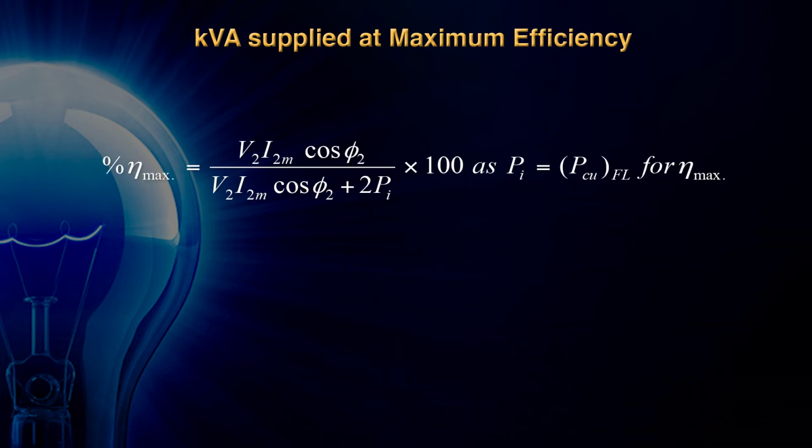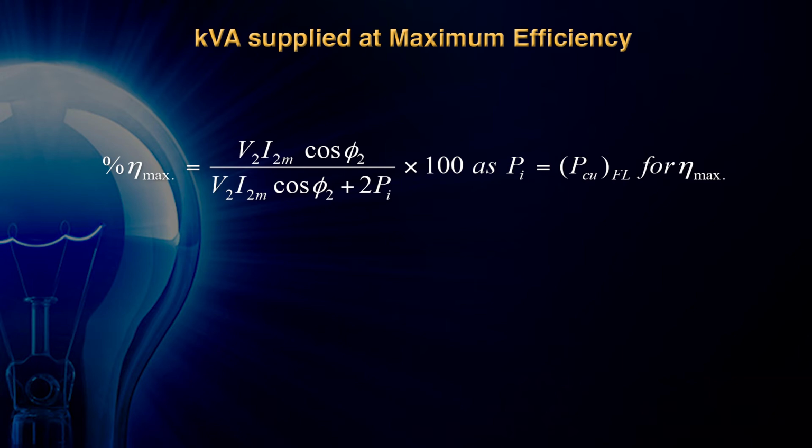So percentage efficiency at maximum condition can be written as V2 I2M cos phi 2 upon V2 I2M cos phi 2 plus 2 Pi, multiplied by 100. Why is this 2 Pi coming? Because at maximum efficiency condition the copper losses are equal to iron losses. So you are putting copper loss as iron losses, so the iron losses will be 2 times.